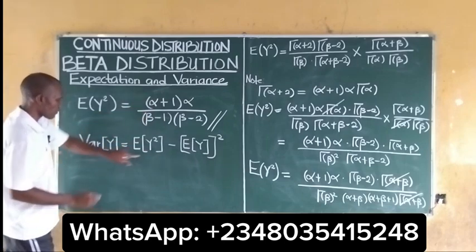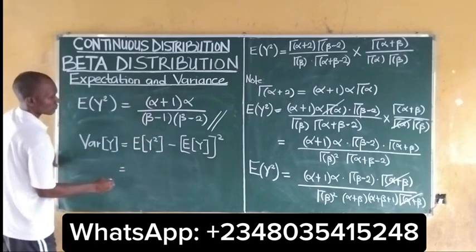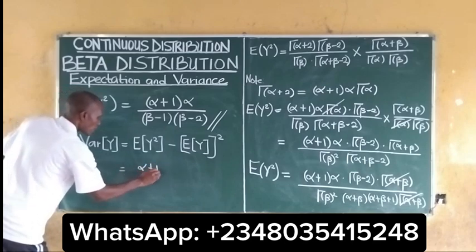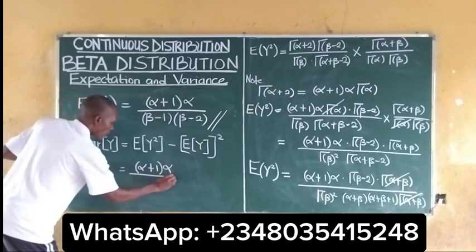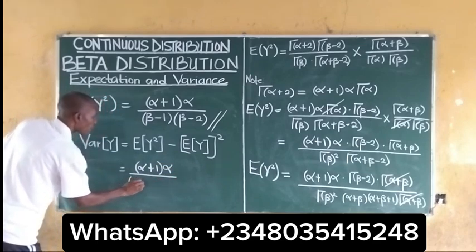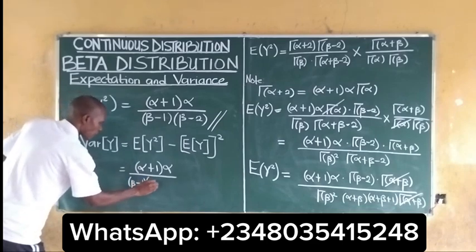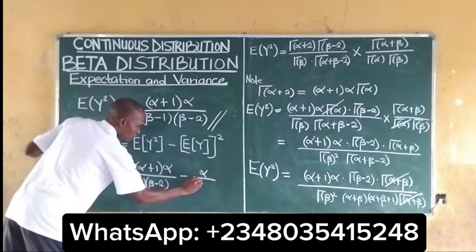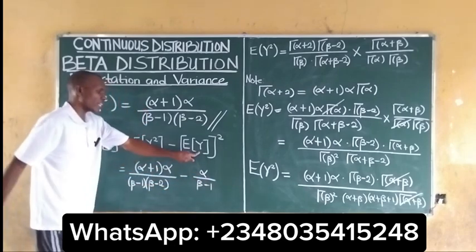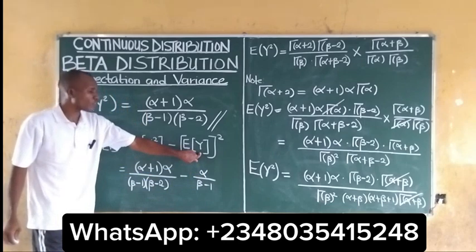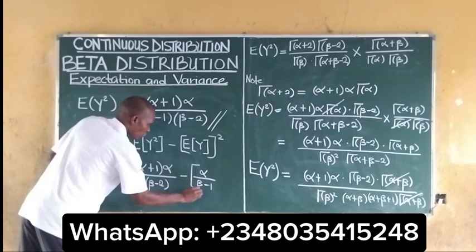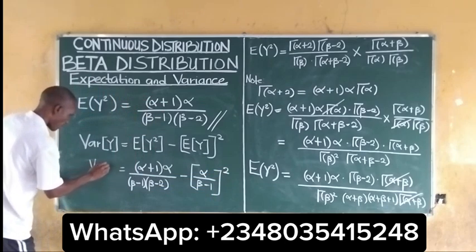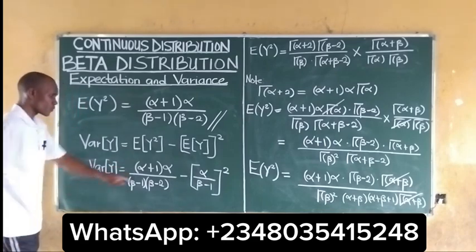So we have this as our expected value of y squared, which is alpha plus 1 into alpha all over beta minus 1, beta minus 2, minus, we remember that we got alpha all over beta minus 1 for our expected value of y. I said we will refer back to this. We shouldn't forget it. Because of this square sign, we have square here. So our variance of y is equal to this.